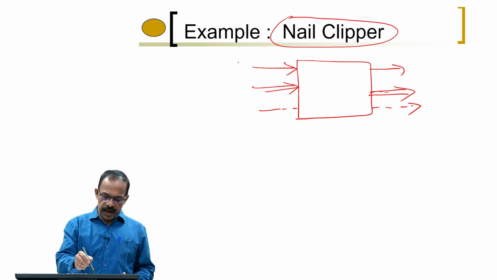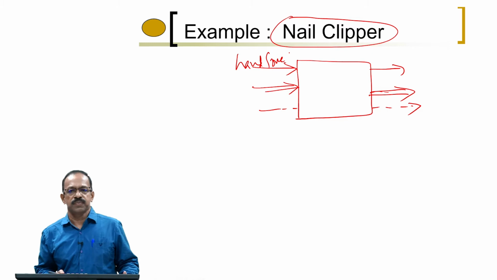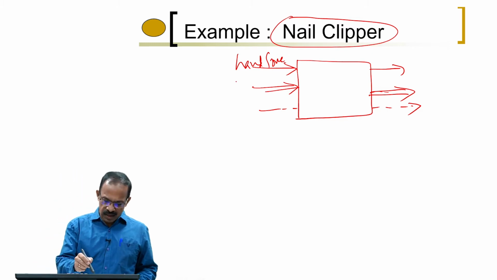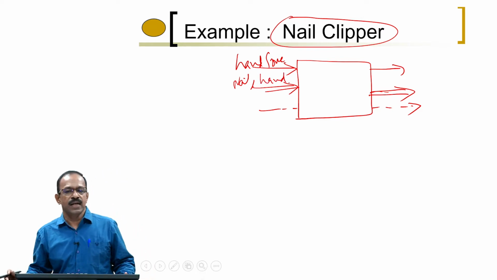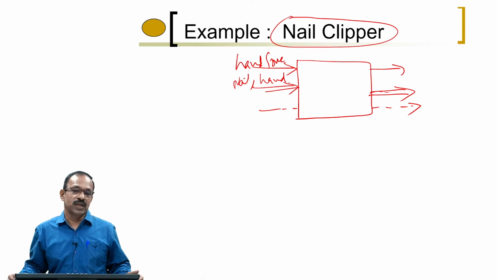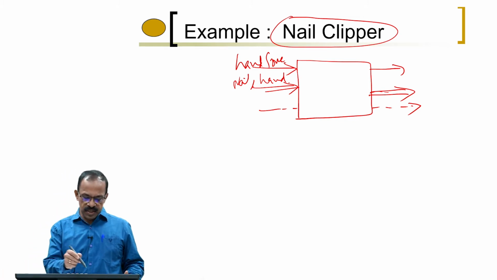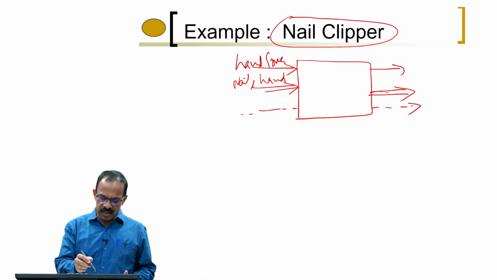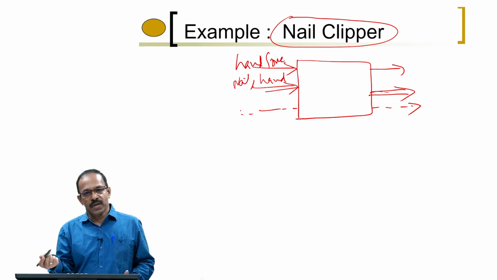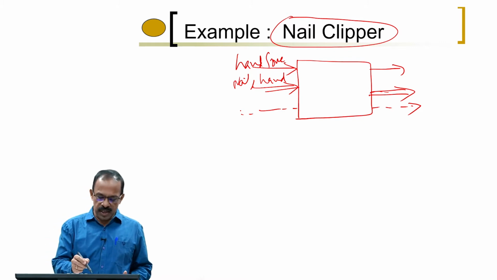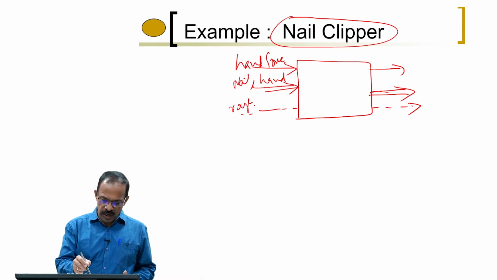The hand force will be the main energy going inside, and the nail is the material going inside. The hand can also be considered as material going into the product to provide the function. The signal, or the information, is basically the status of the nail, whether it is long or short, smooth or rough. That kind of information will be going as input to the product.